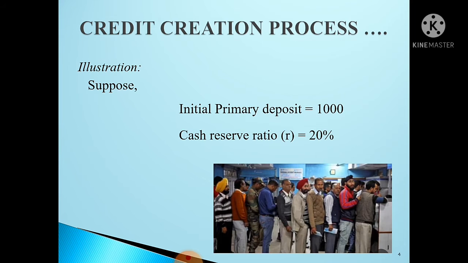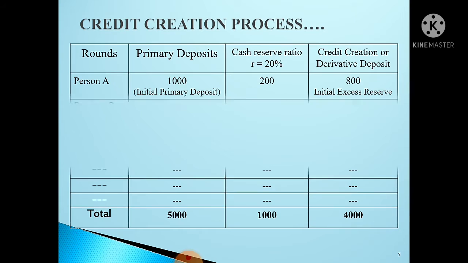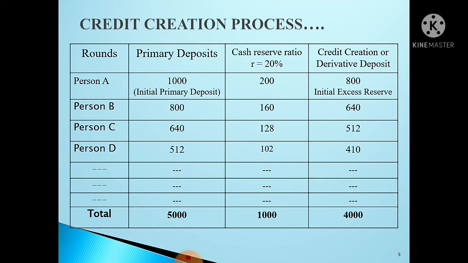Suppose the initial primary deposit of a commercial bank is rupees 1000 and the cash reserve ratio maintained by the bank is 20%. Then the credit creation process can be exemplified with the table shown in the slide. Suppose the commercial bank maintains a cash reserve ratio of 20%.